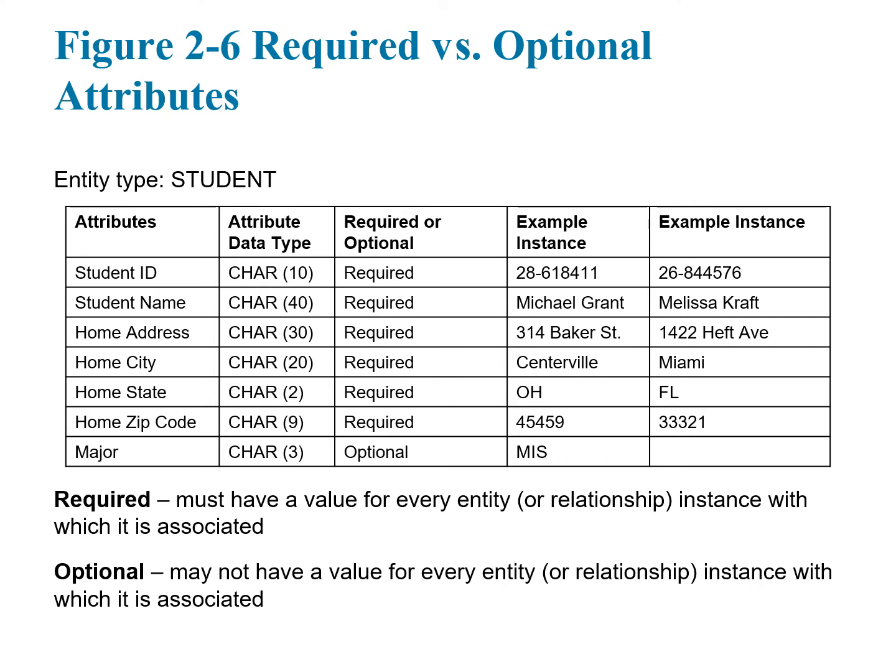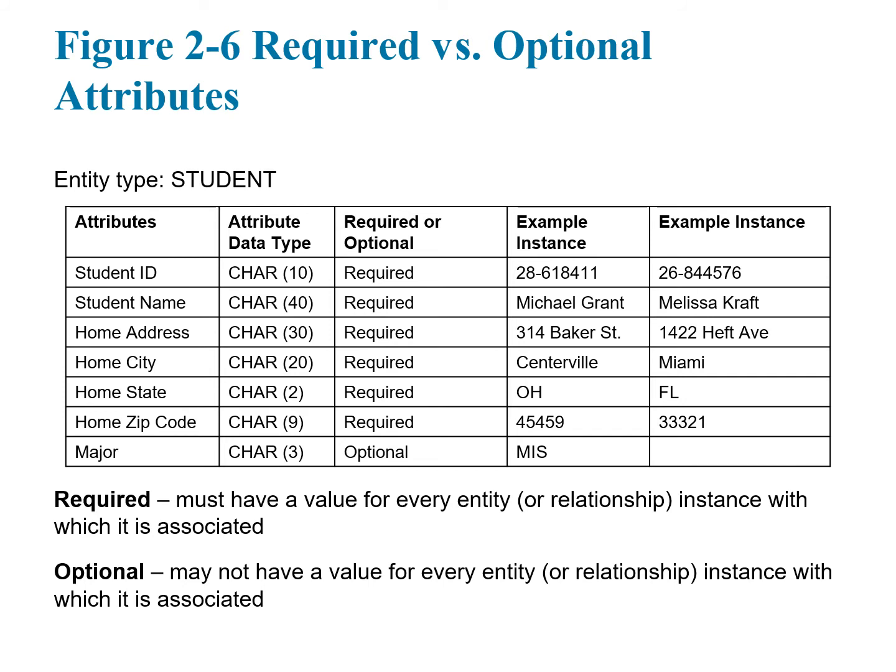Note that the identifier is always required. In this case, the student major is optional because a student may not yet have declared a major. All the other attributes, however, are required.